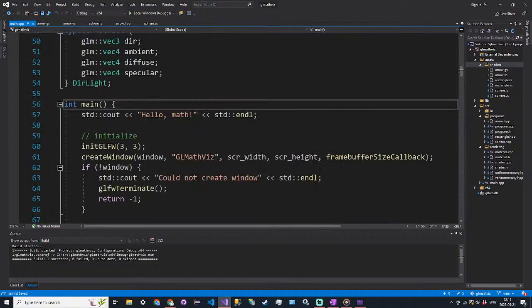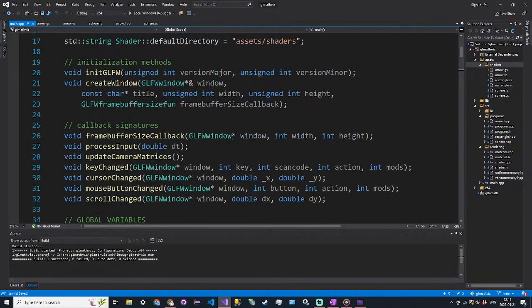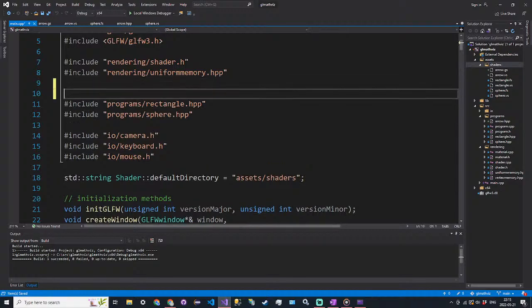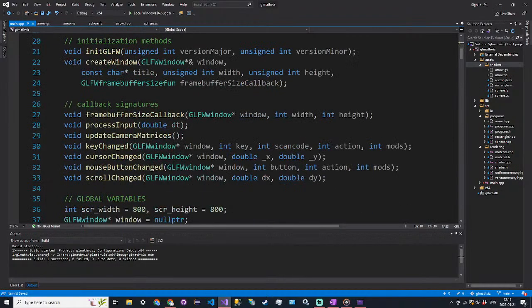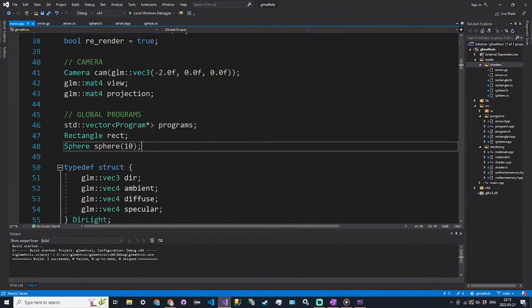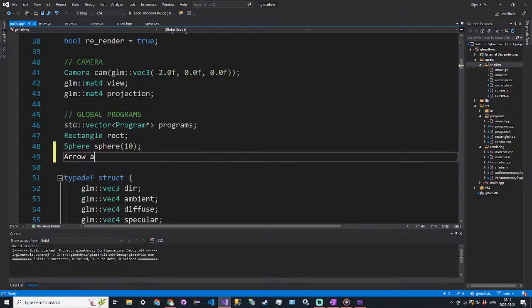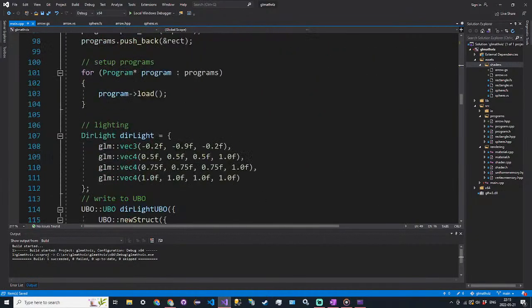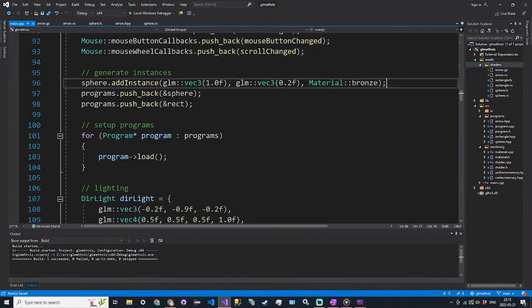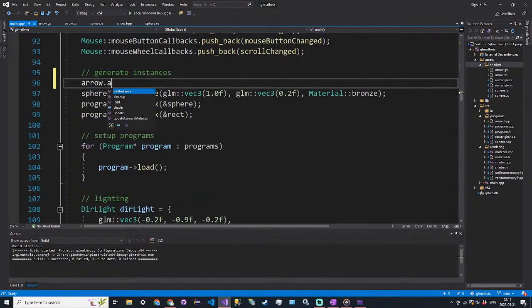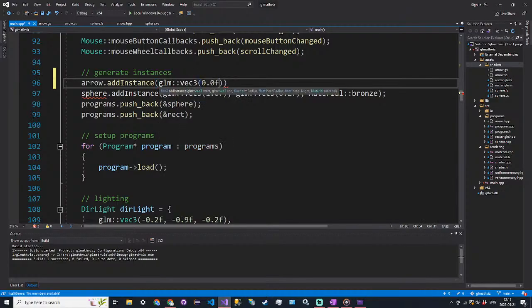Let's go into main.cpp. Let's include the arrow, program/arrow.hpp, and we're going to have an arrow, and we'll have 5 arrows. So let's add a few arrows. So arrow.addInstance, and we will do a glm::vec3 from 0, 0, 0 to 1, 1, 1.